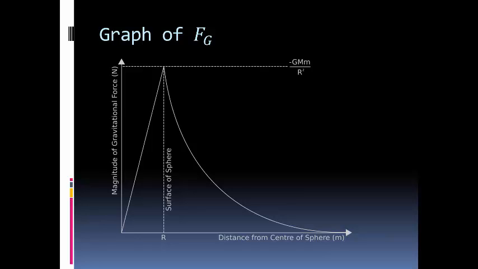The force of gravity, as you can see, when we graph it, increases linearly until we get to the radius of the planet, and then it decreases with r squared. So once we go away from the radius of the planet, it is inversely proportional to r squared. Okay, and it approaches asymptotically 0 out at infinity.